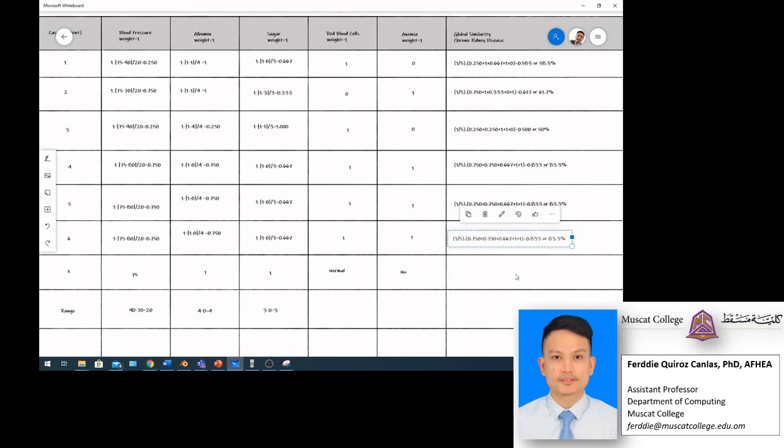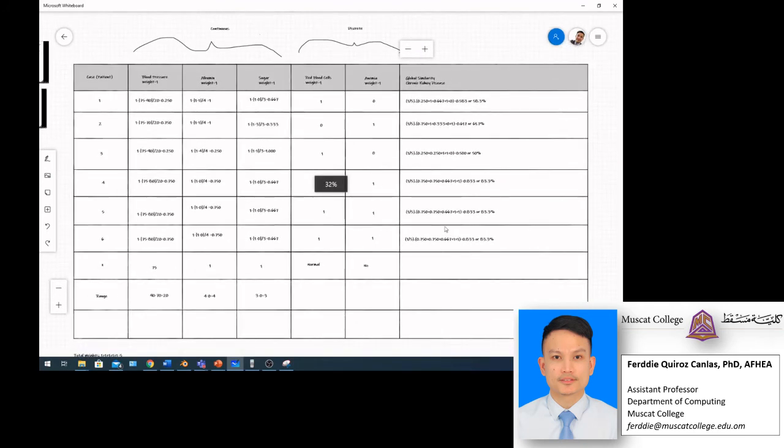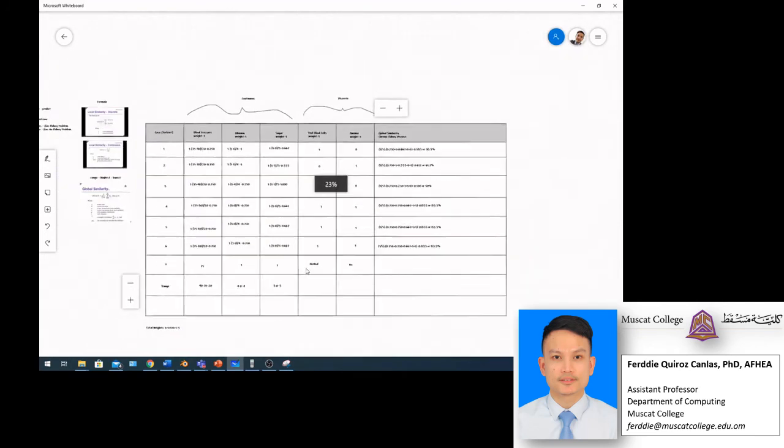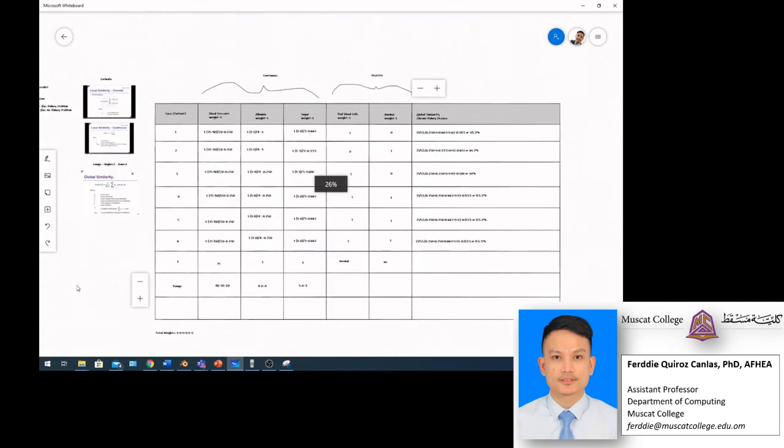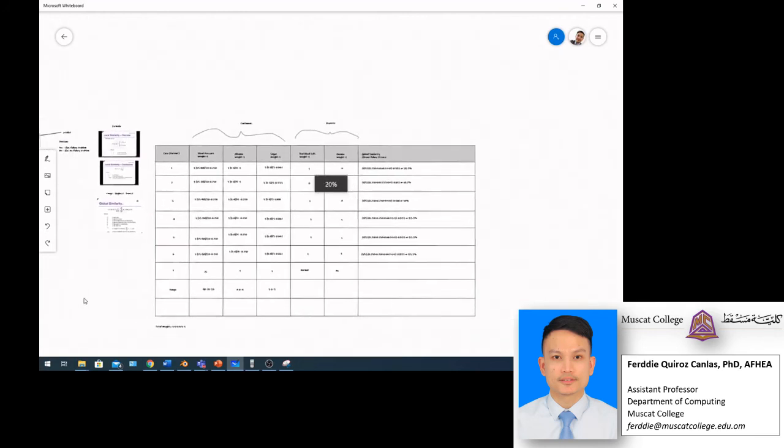So let's now predict what would be the sickness of this person. Because based on this calculation, we have three similar findings. Three here, 0.83. All of these are having the same findings. So let's see the cases of 4, 5, 6, what if they have kidney problem or not.